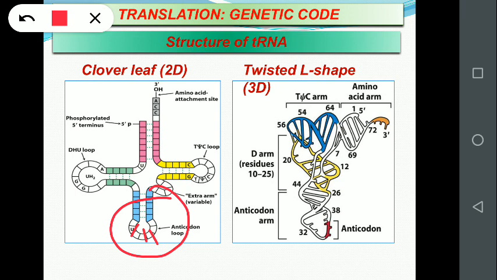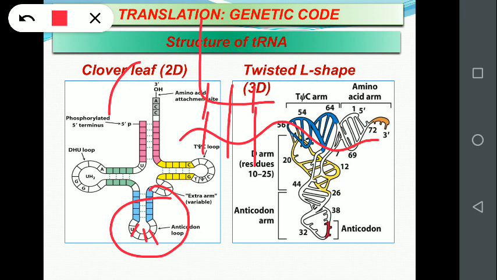These 3 bases in the anticodon specifically recognize the codon in mRNA. So we will have an mRNA with a codon, and this tRNA anticodon interacts with the codon, forming base pairs. At the opposite end we have the amino acid attachment site, and the 3' end sequence is CCA for all tRNA molecules.